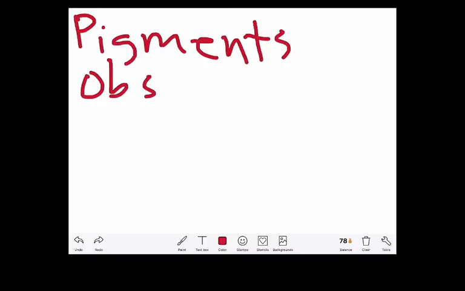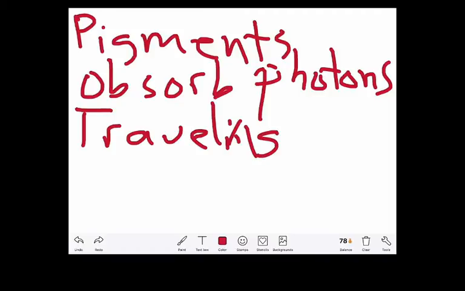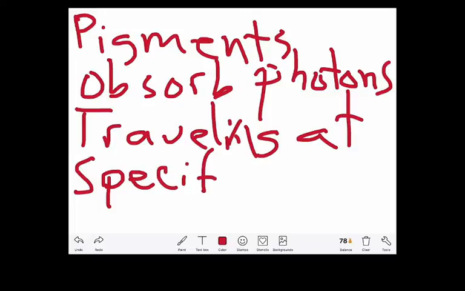absorb photons traveling at specific wavelengths.